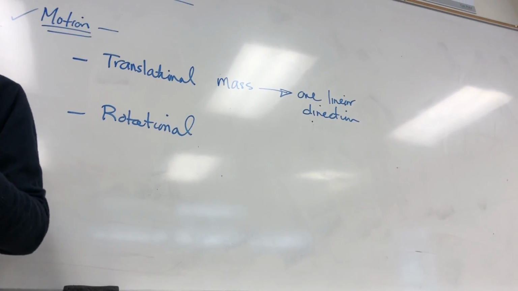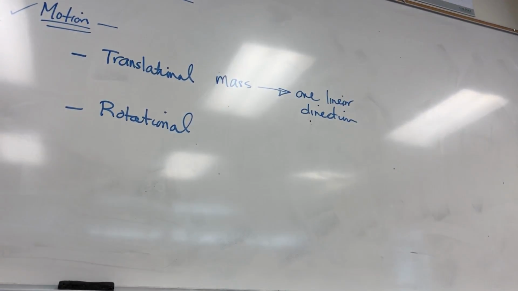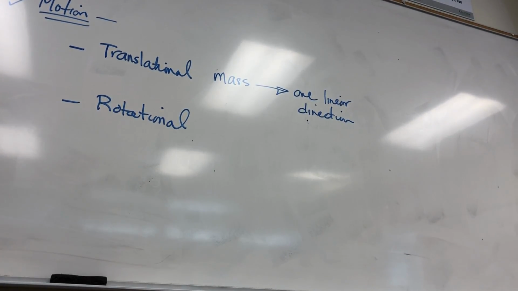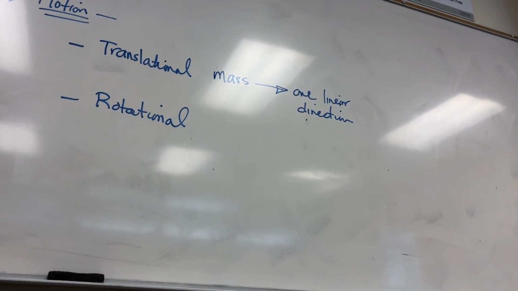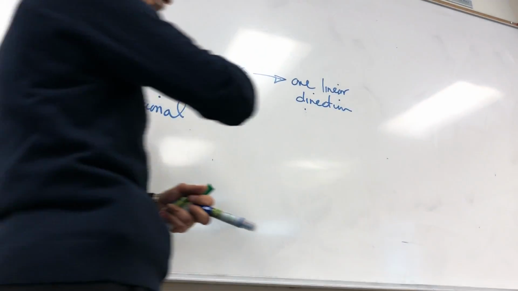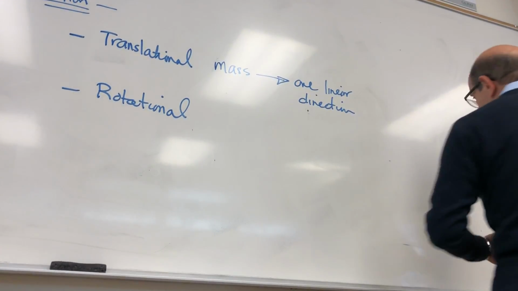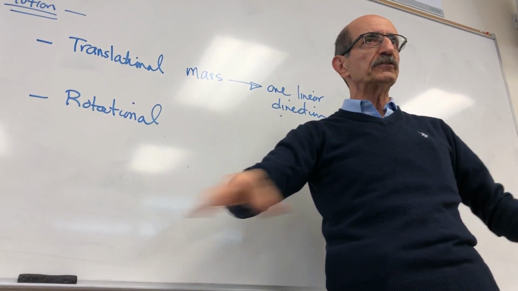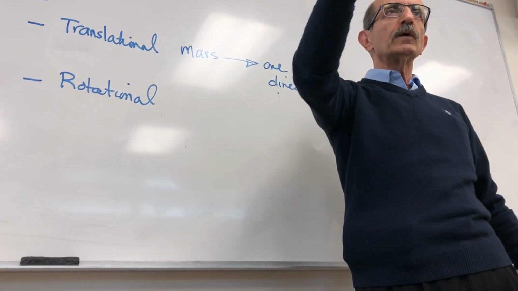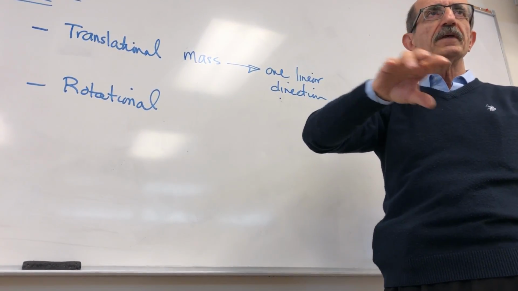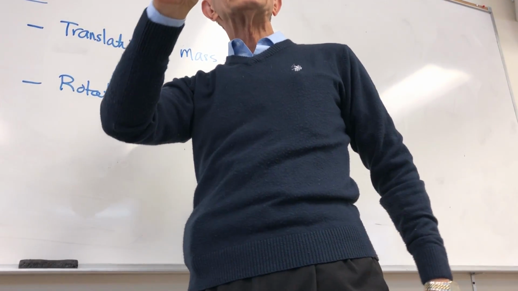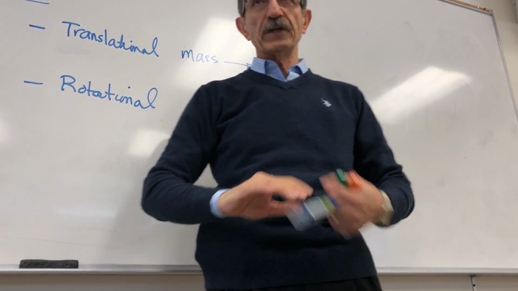It is the center of that mass that moves along a line, right? And that's what basically we are dealing with. We have an inertia moving along a line. That describes the translational motion. So what the shape of it is, how the mass distribution is, doesn't matter. As long as you know where the center of the mass is, we assume that all the mass is basically lumped at that location, and that's all we care about.